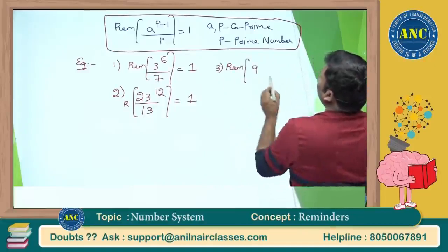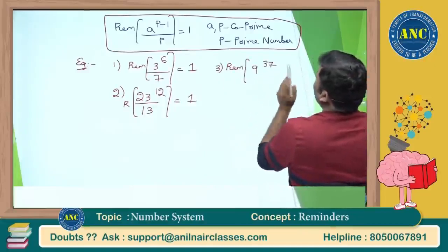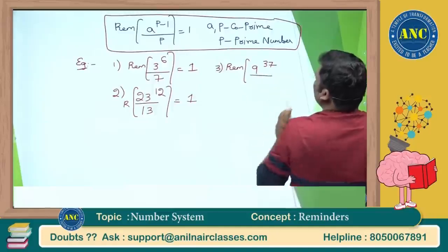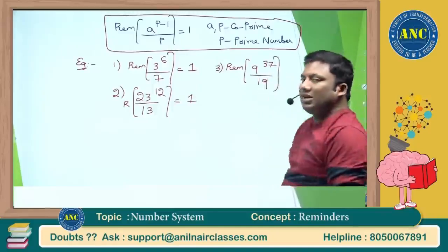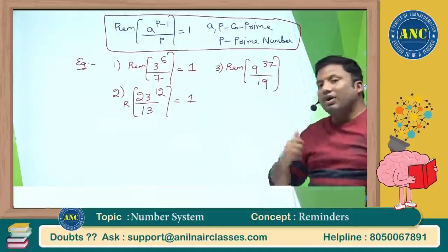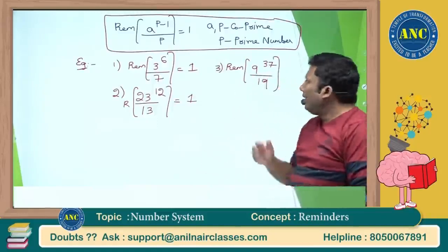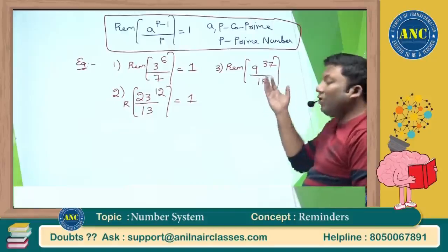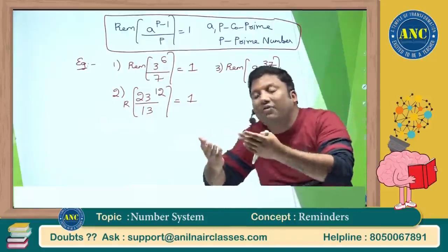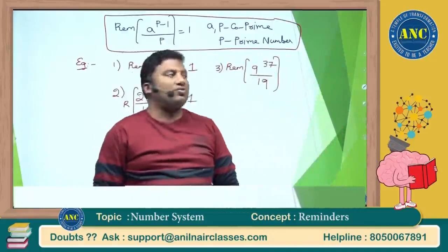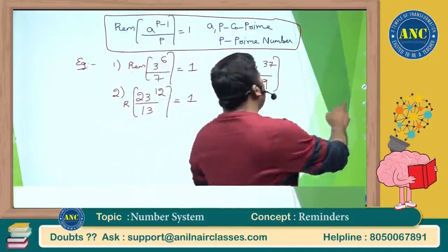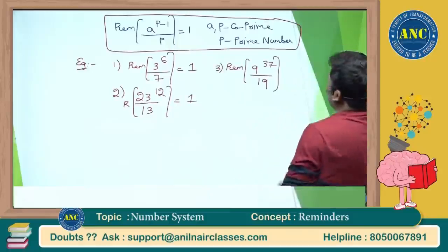9 power 37 divided by 19. If you use a negative remainder, 9 square, 9 cube, we have to find out which power of 9 when divided by 19 I will get plus 1 or minus 1. But by using Fermat's theorem, directly you will get the answer.